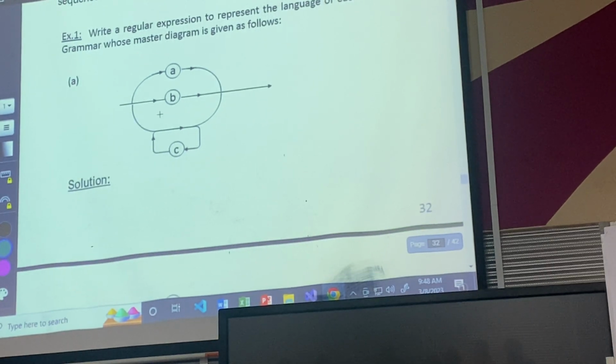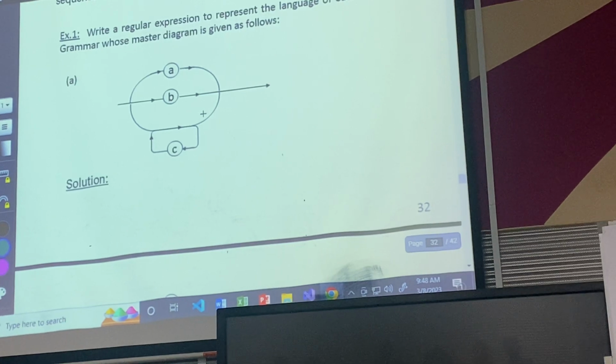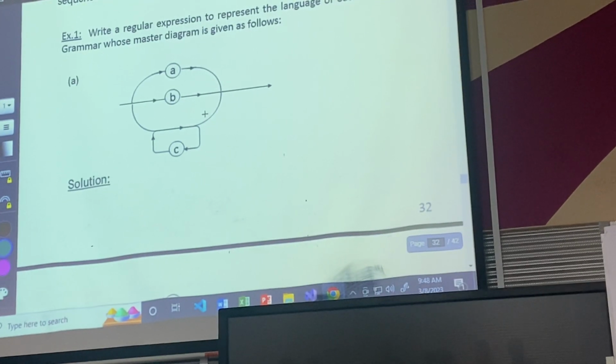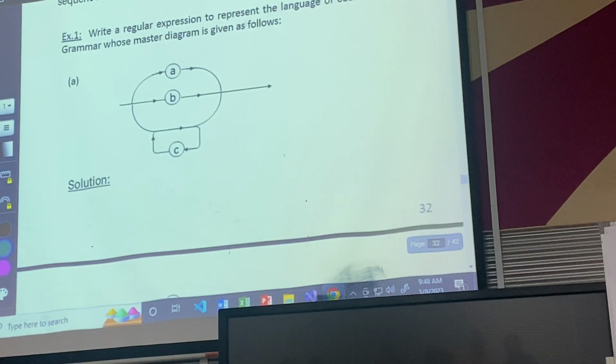So how do we write it if this is the diagram given? Just now I had you try to draw the master diagram already, right? Now you write back the regular expression.